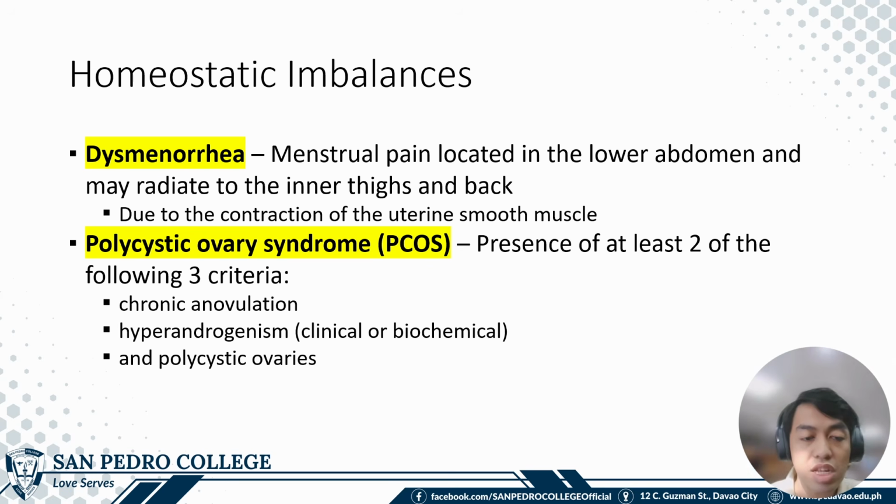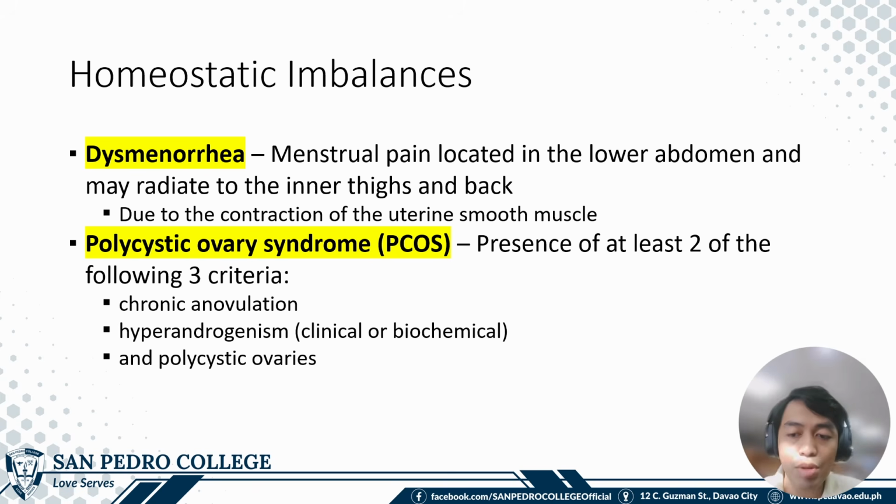In hyperandrogenism, the female may be clinically or biochemically described as such if there is an increase in testosterone level or there are secondary male sex characteristics that can be noted on the female because of the increase in testosterone levels.